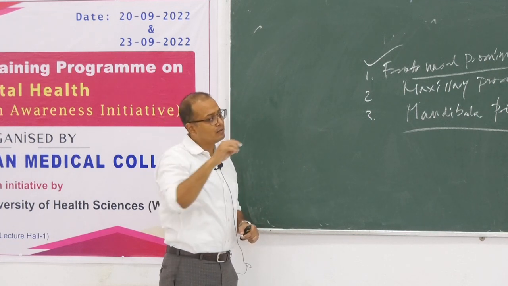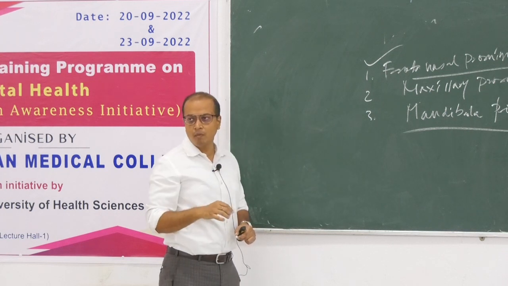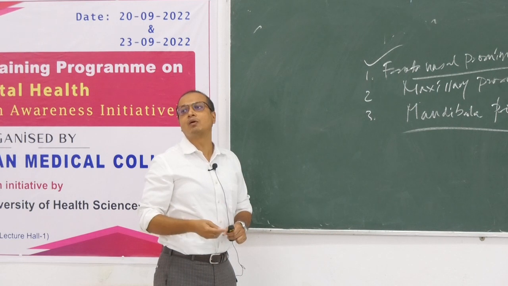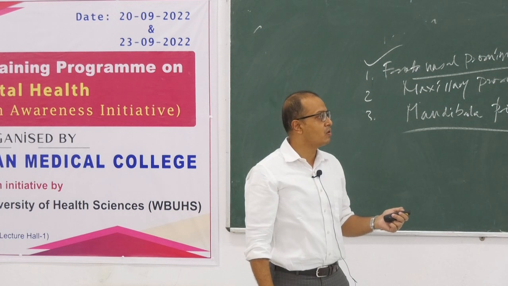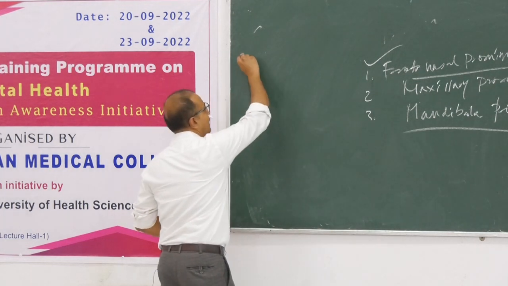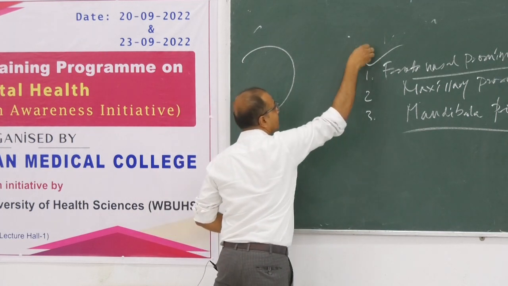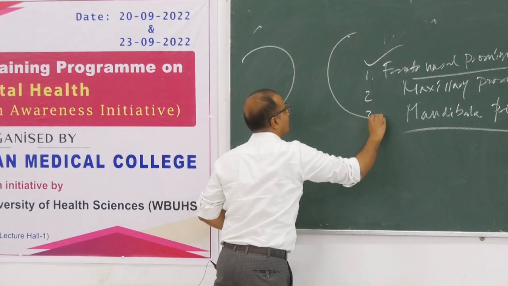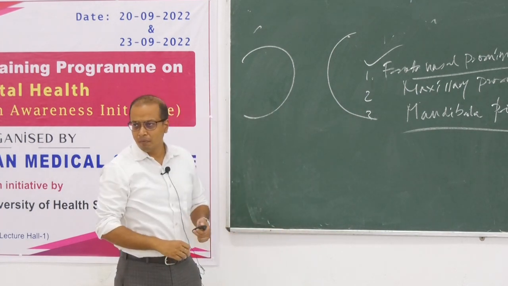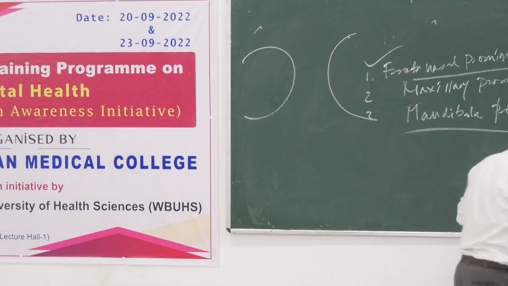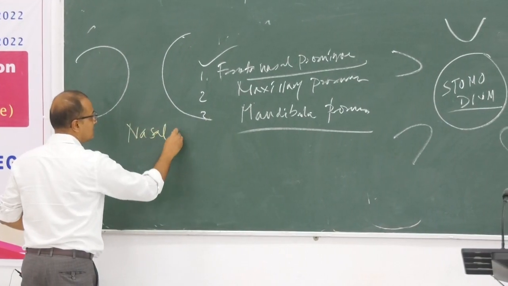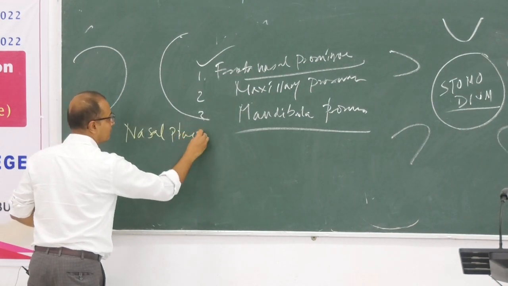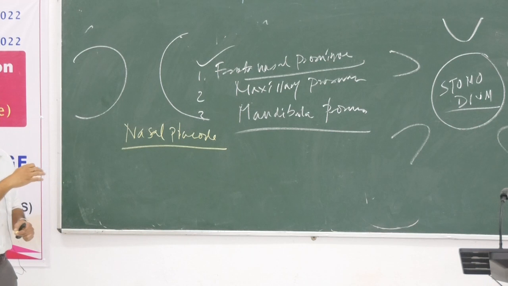That particular depression on the frontonasal prominence, we call the nasal placode. It bulges on the sides like this, giving rise to the bulges we call nasal placodes, a further development from the frontonasal prominence.